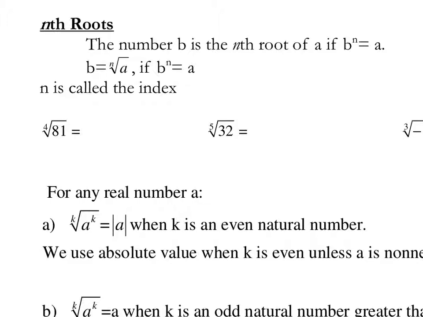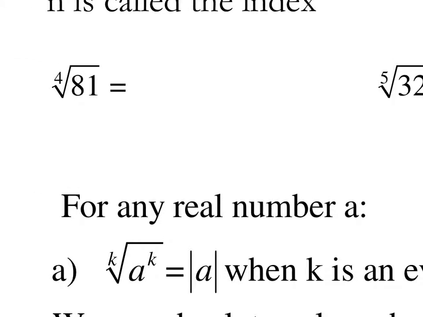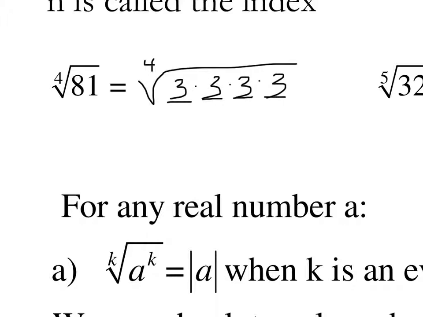One way to think of it is you're looking for a number that you write down 4 times, you multiply, and you get 81. 3 times 3 times 3 times 3 is 81. So 3 is the fourth root of 81.